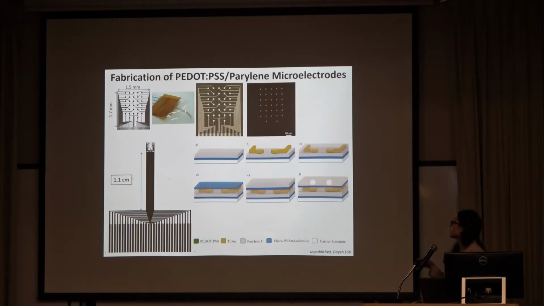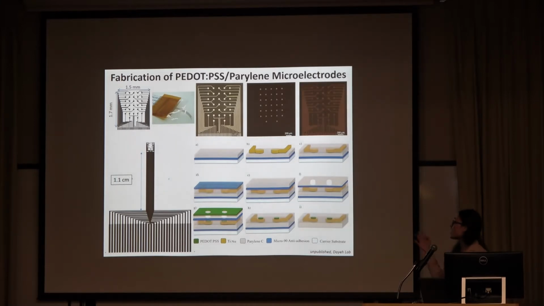I then etch through so that just the contact area is exposed to contact with the brain. The next step is to spin coat the organic conductive polymer PEDOT:PSS, and then remove the sacrificial parylene C layer so that only the contact area has the PEDOT.